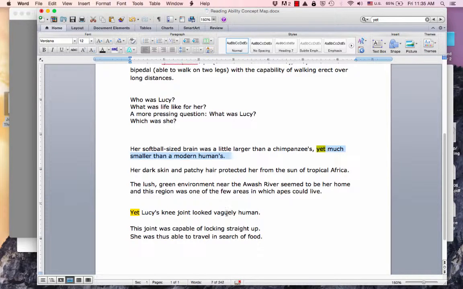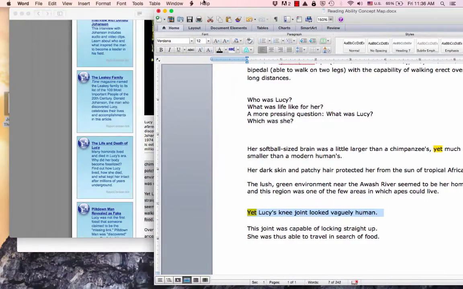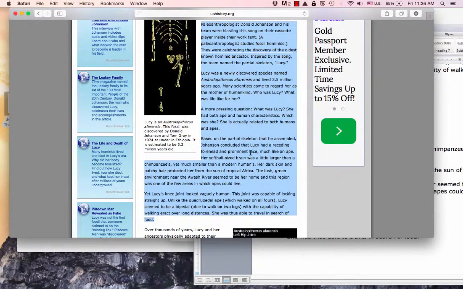All right, and then we look at this sentence, and here it's a sentence all on itself. So what we would have done is looked into the original text and said, okay, here we have a yet sentence. It's not even a yet clause. Where did it come from and what preceded it?